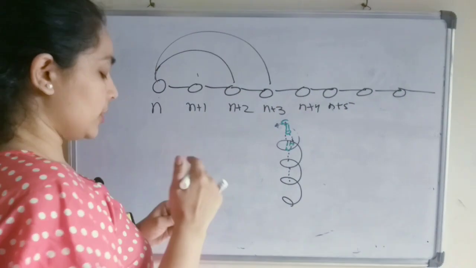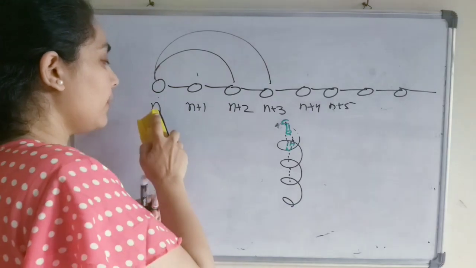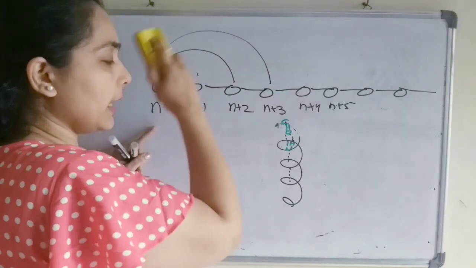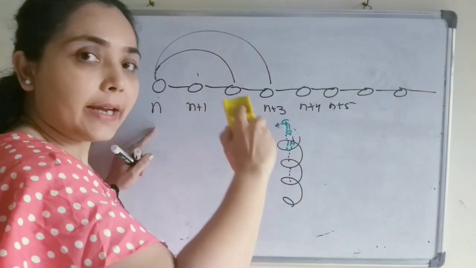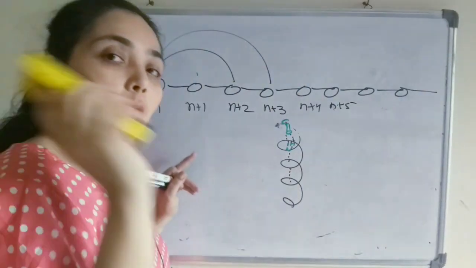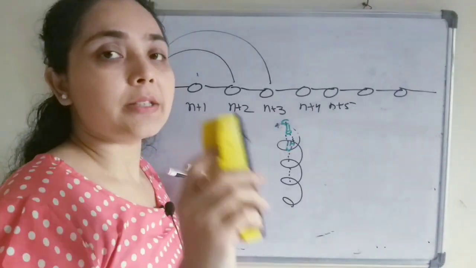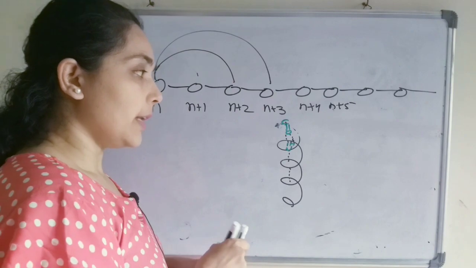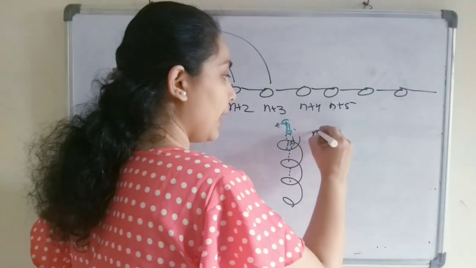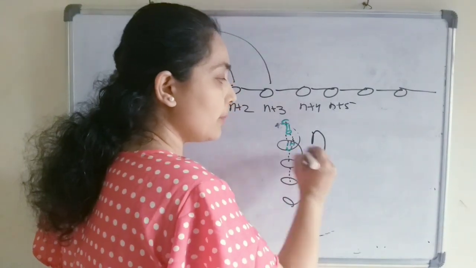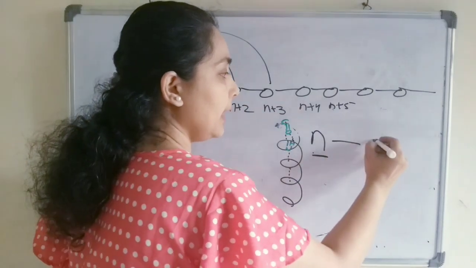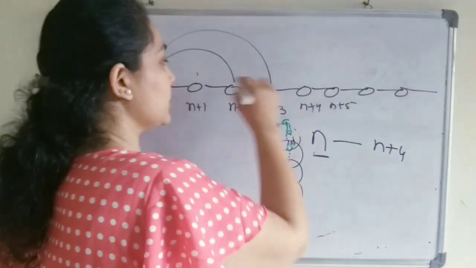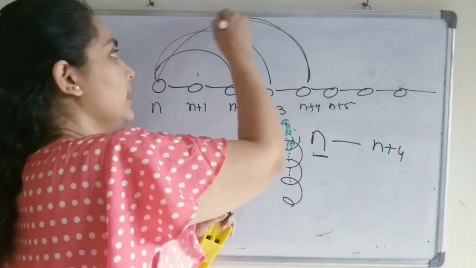There is a possibility that the first oxygen can form a bond with the second, third, or fourth, but the most stable structure is the one in which there is a bond formation between the nth position and the n plus fourth position.